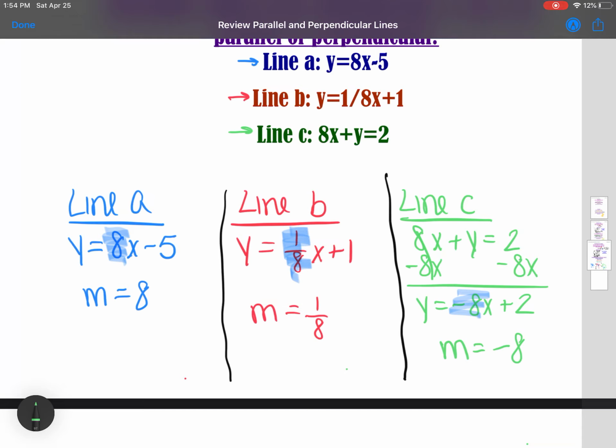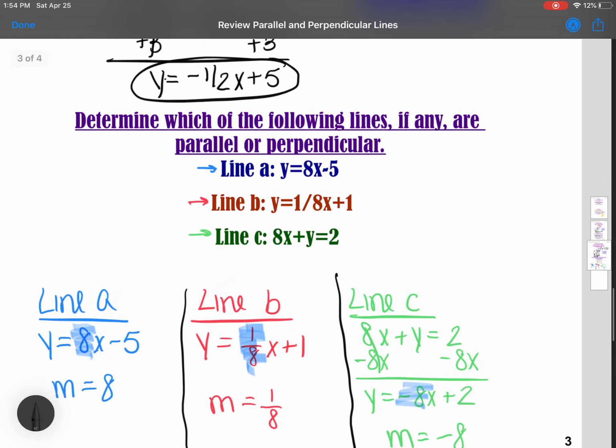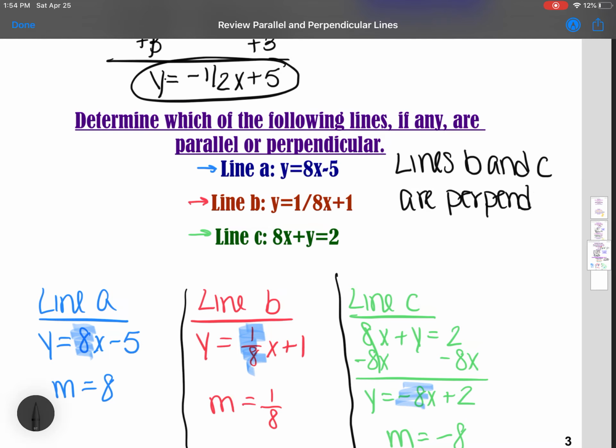Well, it's not parallel to either of these because negative 8 and 8 are not the same value, but it is perpendicular to line B because negative 8 is the negative reciprocal of 1/8. So my final answer, I'm going to come back up here to write it. Lines B and C are perpendicular.